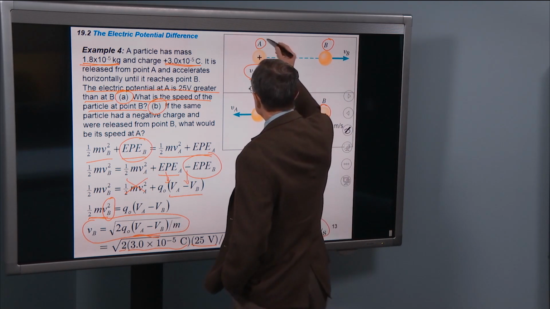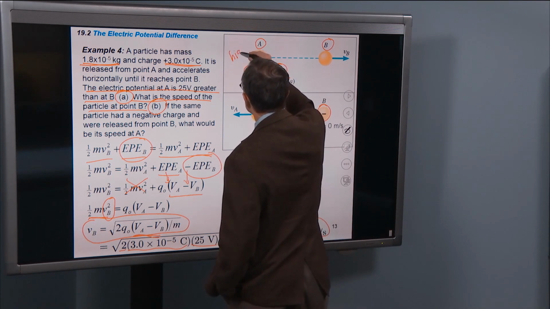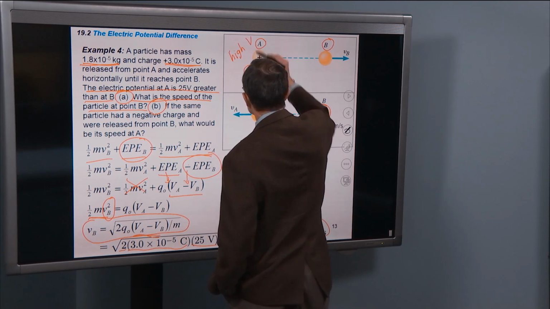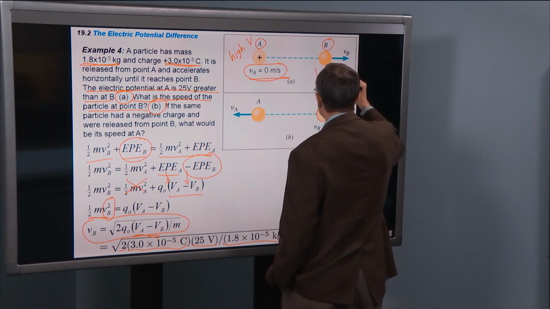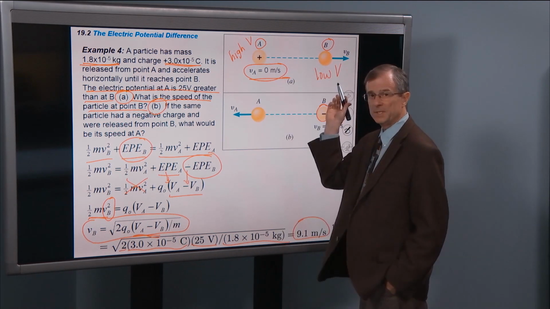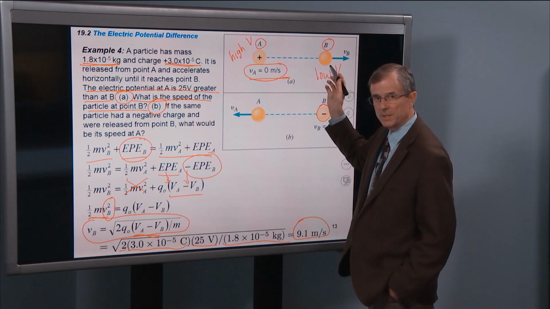So remember that the potential at point A is higher, so this is high electric potential, and this is low electric potential. In fact, we know what the difference between these is. It's 25 volts here compared to, say, 0 volts here.